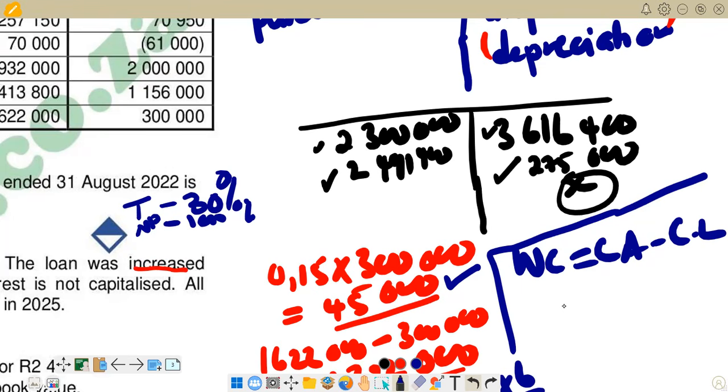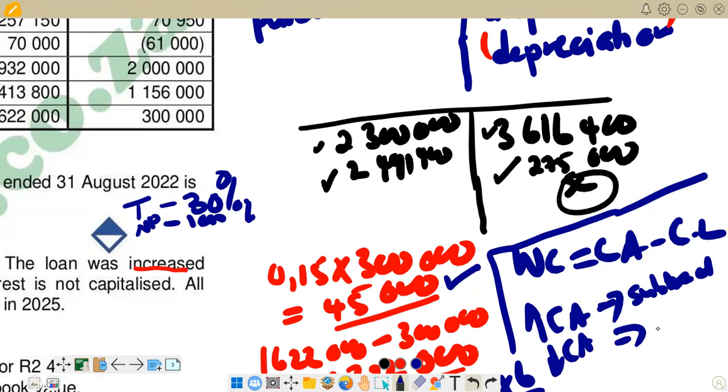When there is an increase in current assets, the adjustment that we make is that we subtract. We make a negative effect in the statement that we are preparing to calculate cash flow from operations. But if there's a decrease in current assets, we add. I think that's very important.